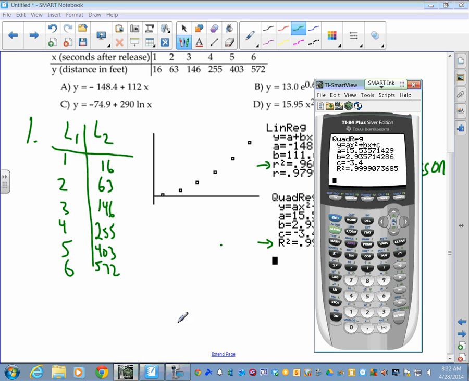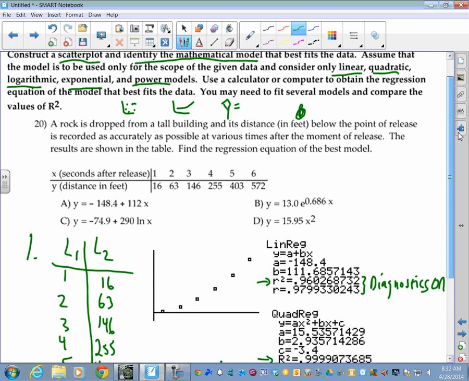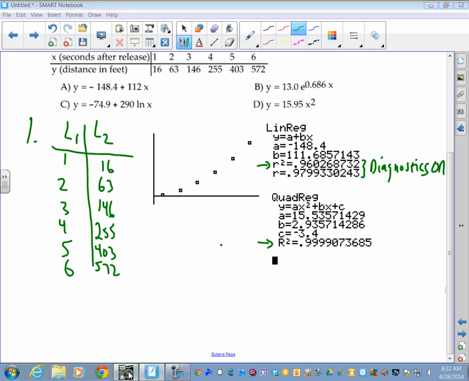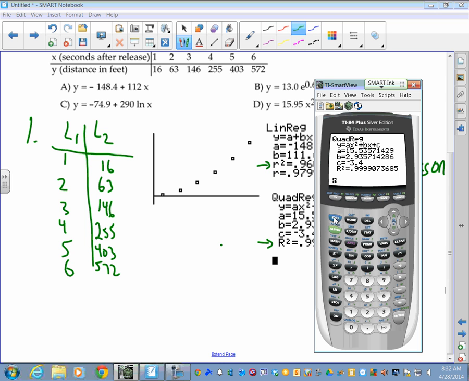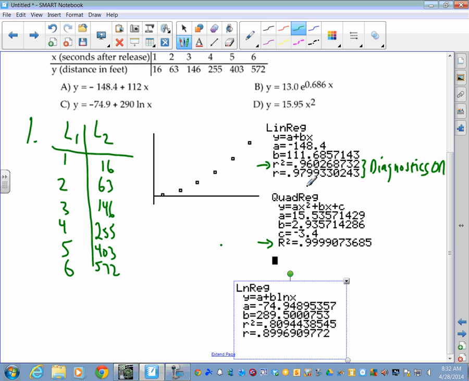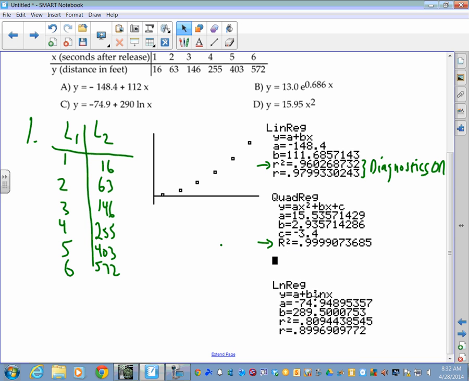Then after quadratic is logarithmic. Stat, calculate, which one's logarithmic? ln is logarithmic. Not every calculator has those. You have to write down what your R squareds are for each of these on your test. Yeah, just 5. You write down the R squared for each of them.